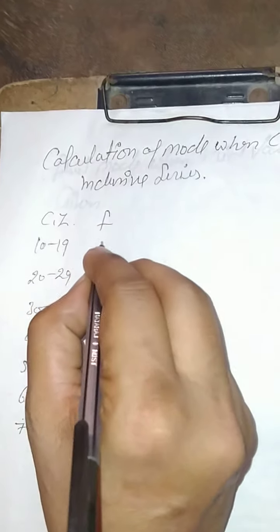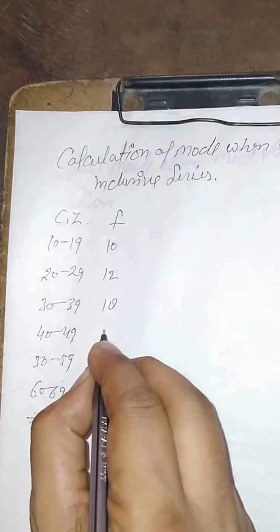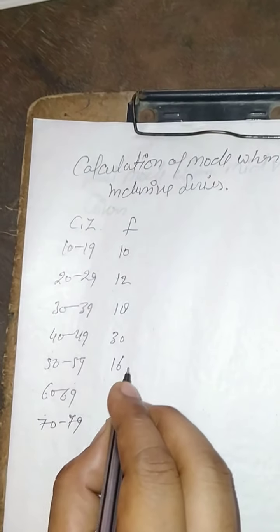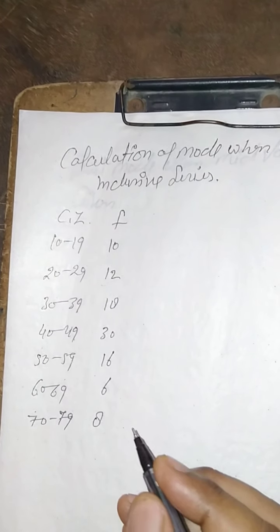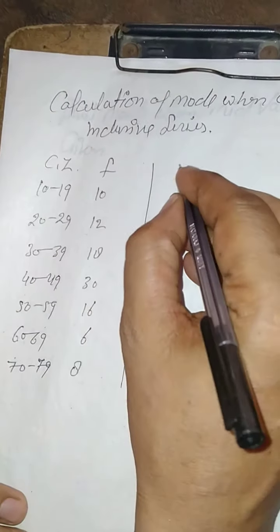That's your frequency: 10, 12, 18, 30, 16, 6 and 8. So guys, under this question, first of all we will correct the class interval.